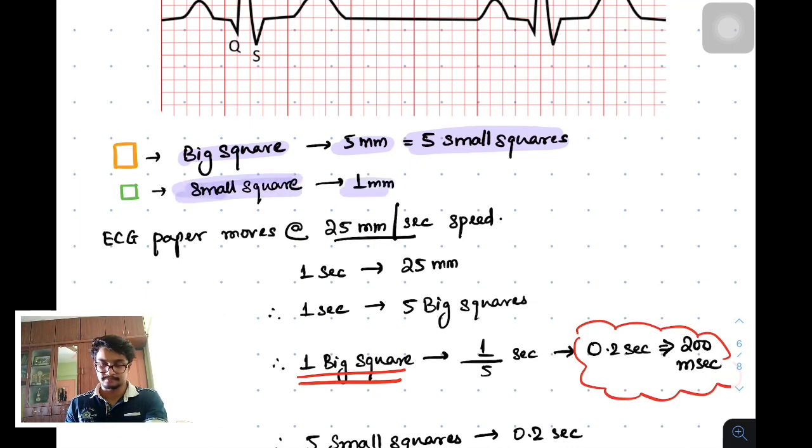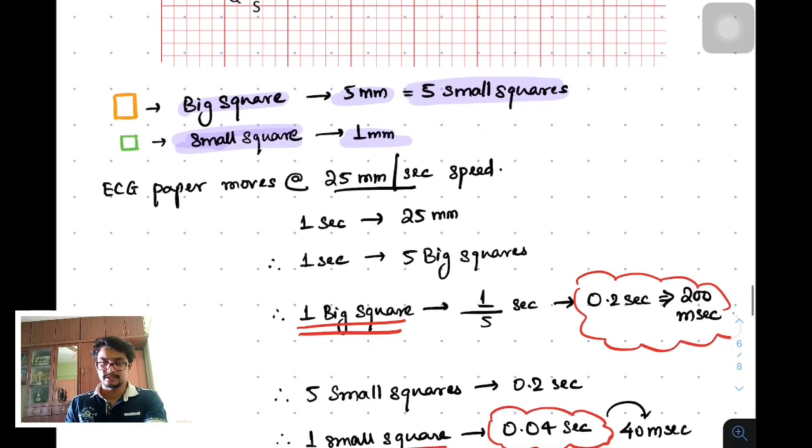That is simple. Now there is a standardization to the ECG. The ECG paper should move at 25 millimeters per second only. That is a fixed standardization. So in 1 second, 25 millimeters is covered by the ECG paper needle.